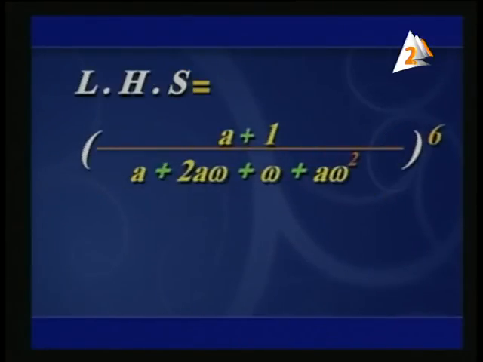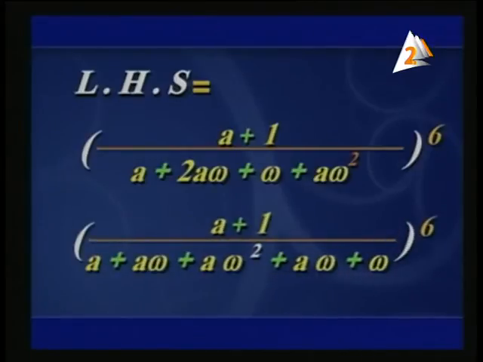Left hand side equals ((a + 1)/(a + 2aω + aω²))^6, equals ((a + 1)/(a + aω + aω² + aω))^6, and a + aω² equals 0.